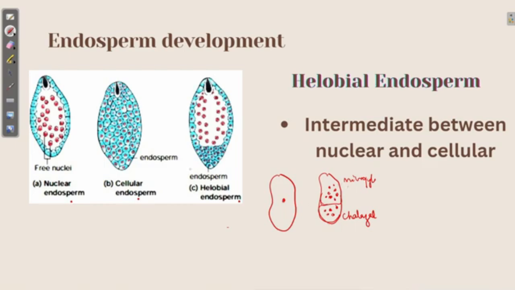Later, the free nuclei inside the chalazal end disintegrate. At the same time, the nuclei formed at the micropylar end develop cell walls, so it transforms into cellular endosperm. Thus the cellular endosperm tissue is formed near the micropylar end. So this is how helobial endosperm is formed.